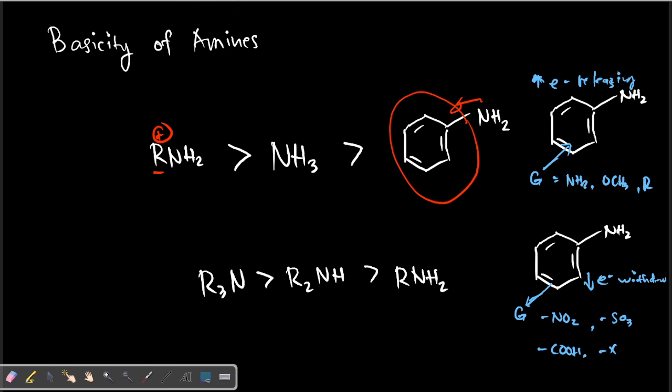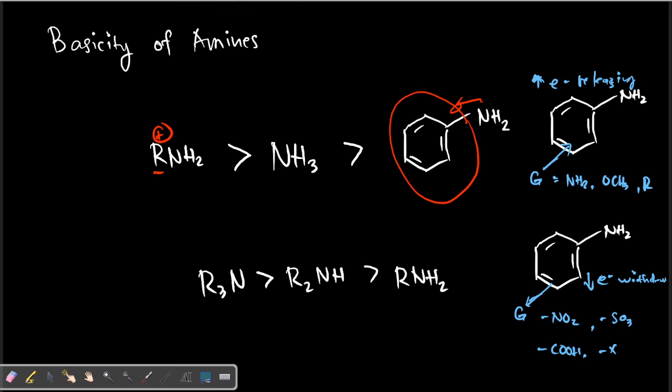So, kapag meron tayong electron releasing group like another amine or yung alkoxides natin or R groups that is attached to our aromatic amines which are electron releasing, dahil dun sa additional na electrons na meron tayo, mas nagiging stable yung tinatawag nating basicity ng ating aromatic rings. Therefore, mas nagiging basic siya.